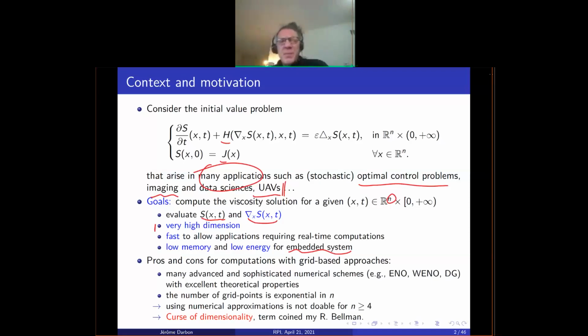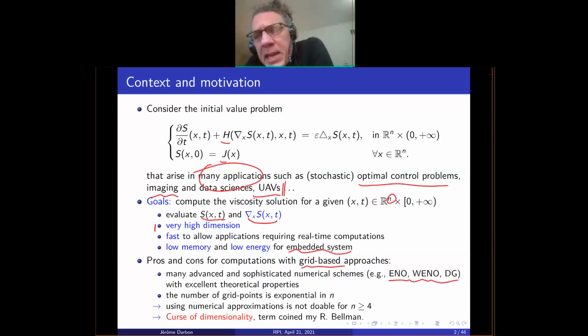There have been many approaches to solve Hamilton-Jacobi PDEs, and perhaps one of the most well-known are the grid-based schemes, developed originally by Stan Osher at UCLA and Chi-Wang Shu at Brown University, known as ENO, WENO, and discontinuous Galerkin methods.